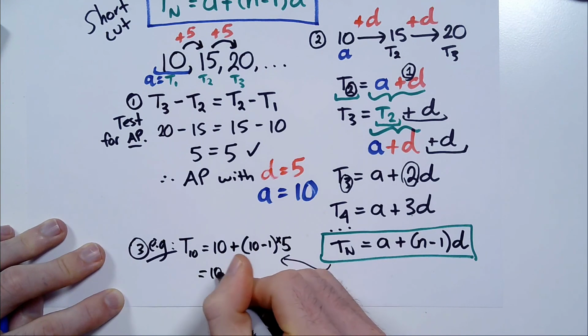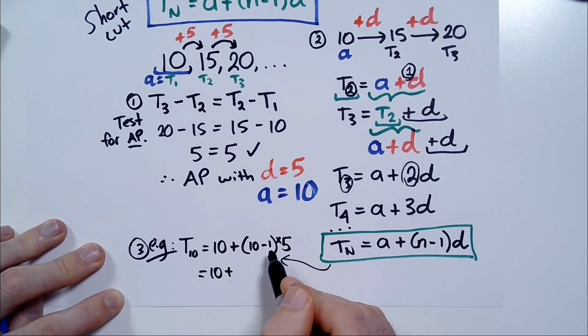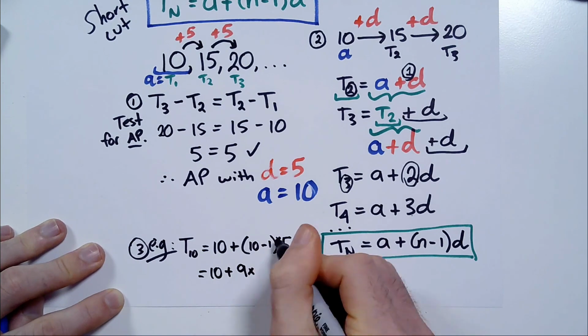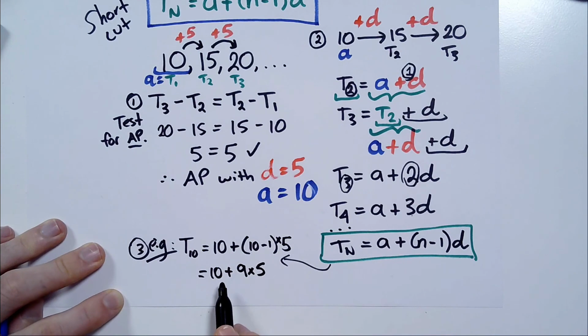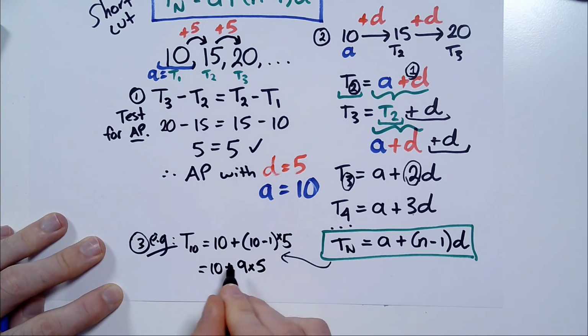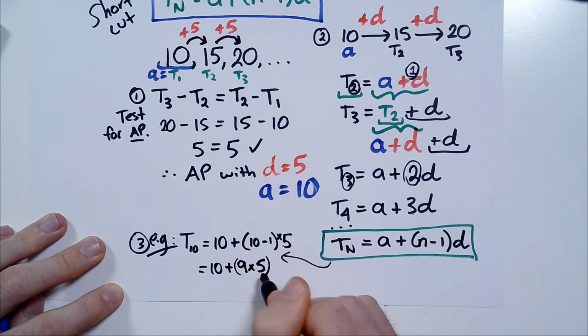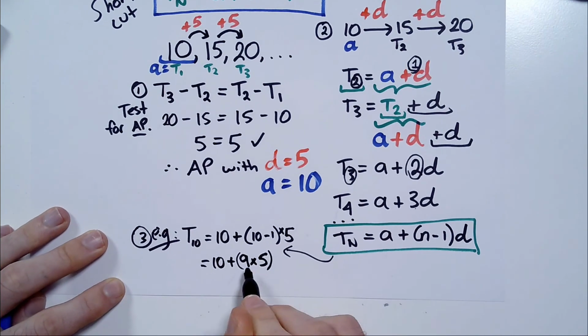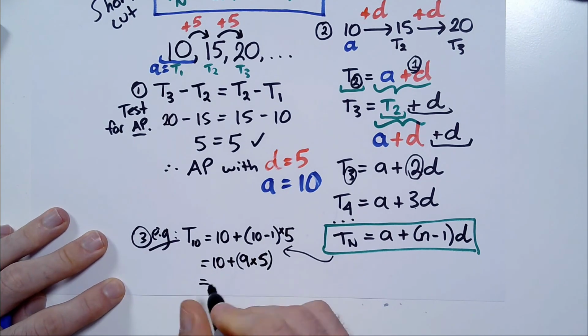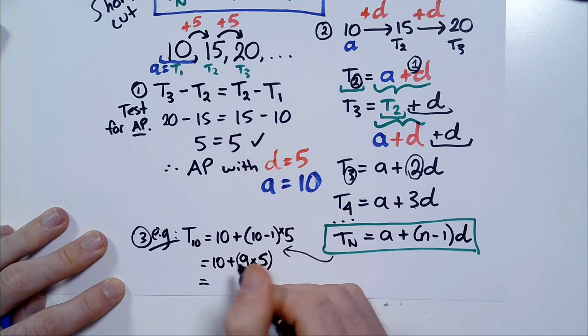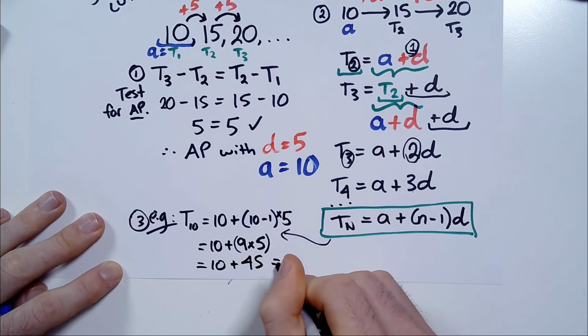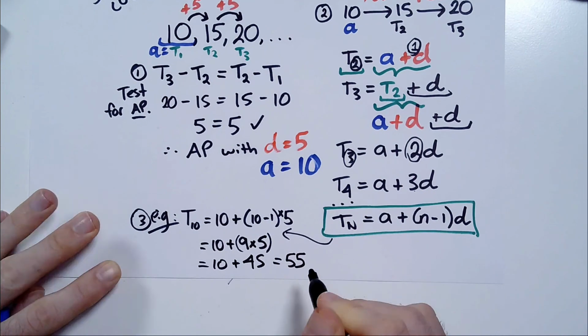Okay, so T10 equals this. So then we have 10 plus, what's 10 minus 1? 9 times 5. Now remember, order of operations here. You don't do 10 plus 9. You always do times before pluses. So I'm going to put that in brackets to make that clear. So it is 9 times 5. So it is 10 plus 45, which equals 55.